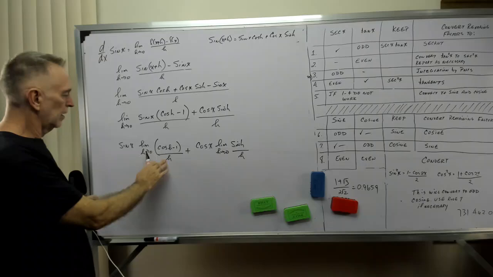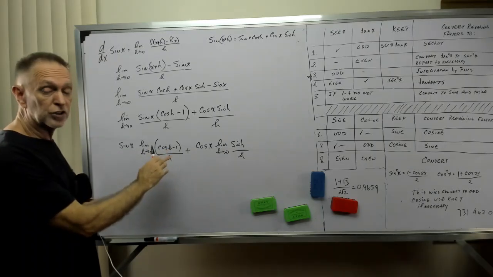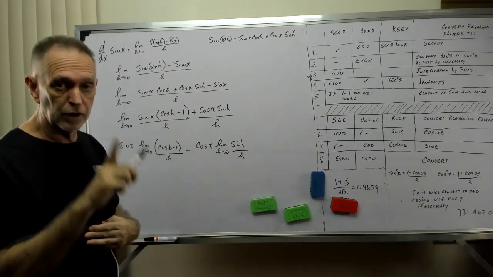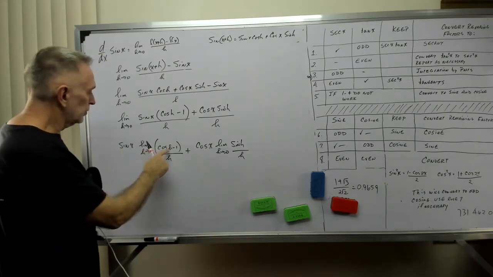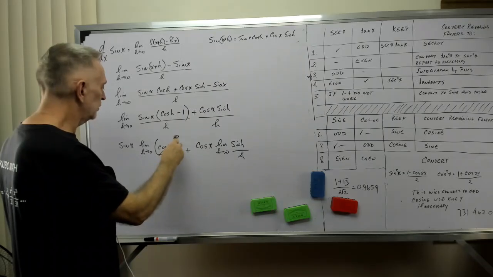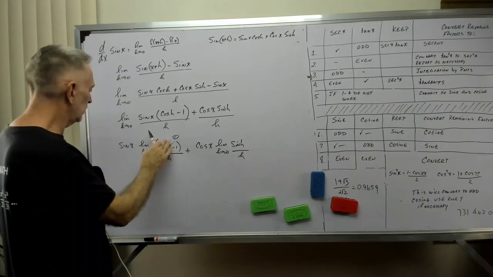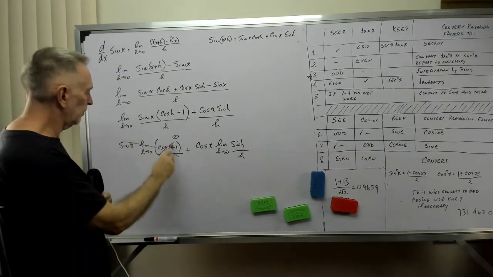Obviously, as h gets closer to 0, cosine of 0 is 1. So as h approaches 0, this term becomes 0. Zero times sine x, all of this is gone.